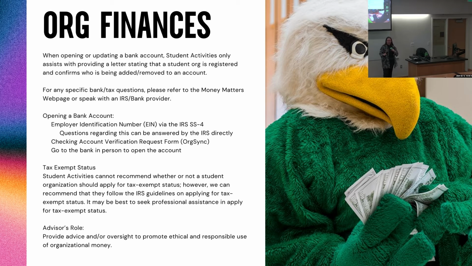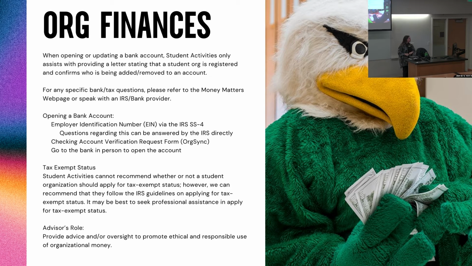Of course, the details depend on which specific bank you're going with, whether it's Wells Fargo, Chase, Bank of America, whoever else. But in general, organizations are able to choose who they bank with and navigate those conversations with the banks to make sure that they have everything that they need.